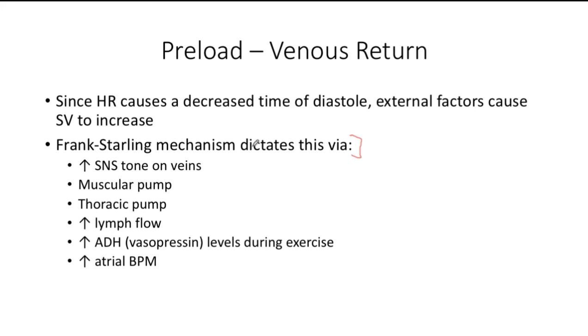Now, with the Frank-Starling mechanism, in order to overcome the high heart rate and use external factors to crank our cardiac output up by cranking our stroke volume up, we need to rely very heavily on an increase in venous return.